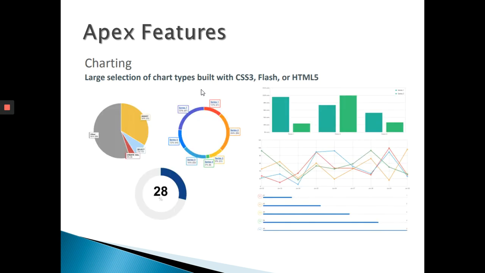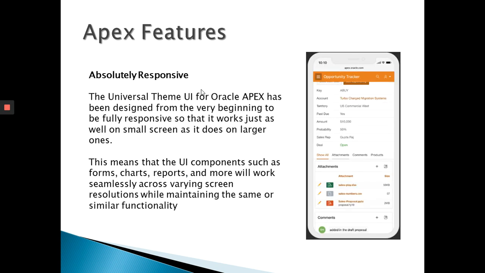You can build various types of charts in the application for dashboards and other things, where you can easily represent your data. You can also build applications which can run on mobile. The theme that Application Express now uses is very responsive. That means the theme already knows whether your application is running from a browser or from a mobile device, and it auto-adjusts all the fields and the entire application itself.